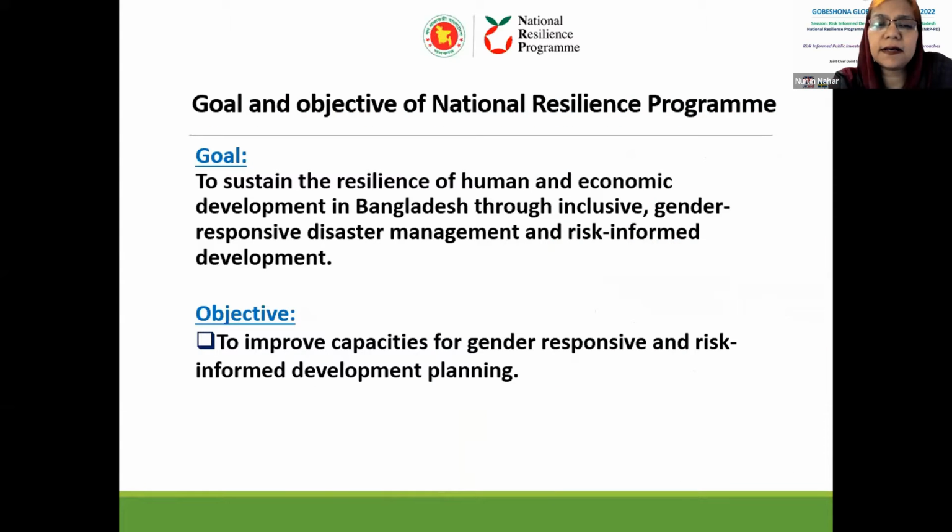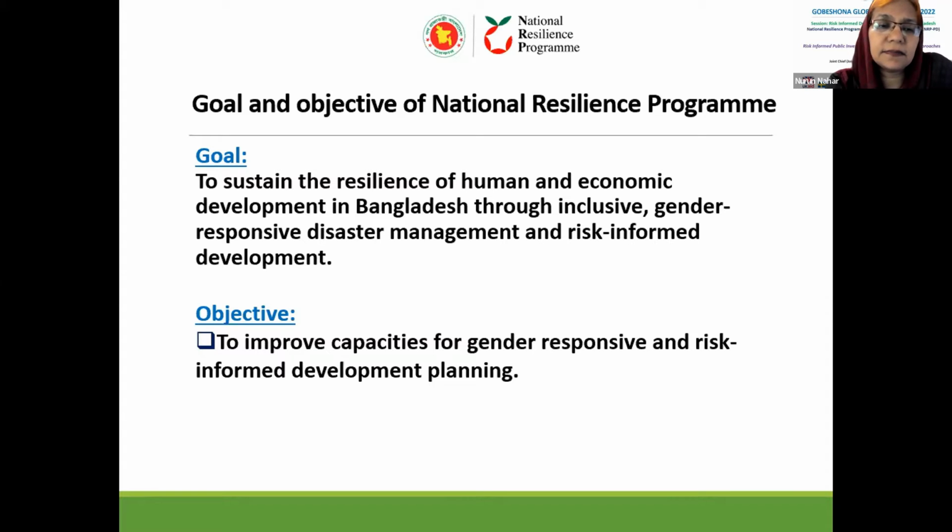In this background, the Planning Commission is implementing the National Resilience Program. It is a technical assistance project implemented by 4 ministries, including the Planning Commission, the Ministry of Disaster Management and Relief, the Ministry of Women and Children Affairs, and the Local Government Division, with technical support from UNDP, UNOPS, and UN Women. It is a coordinated approach to achieve resilient development of the country, with a gender and inclusivity lens.